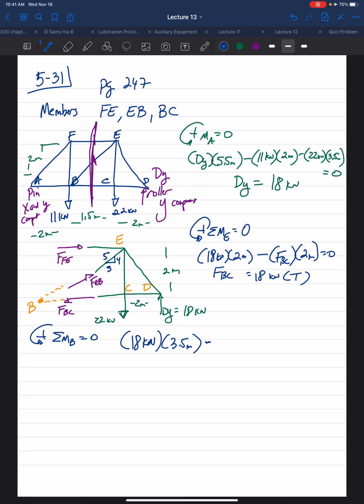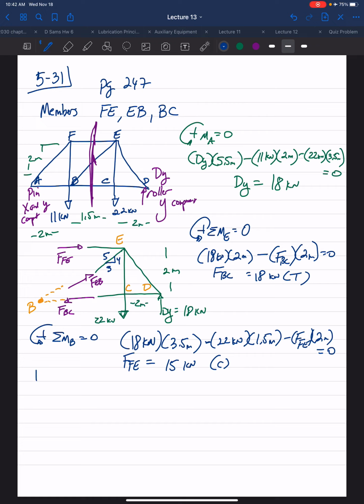The 22 kilonewton force causes a clockwise, so negative, rotation, perpendicular distance being 1.5 meters. And then FFE times the perpendicular distance of 2 meters. FFE is 15 kilonewtons in compression.